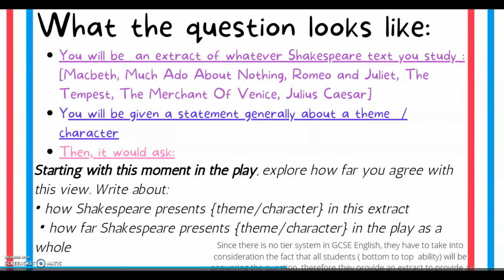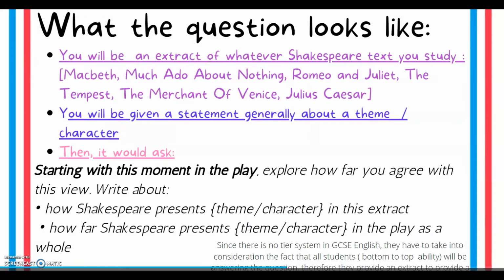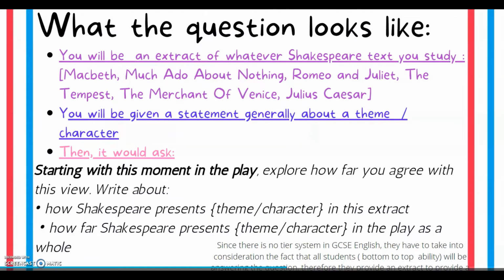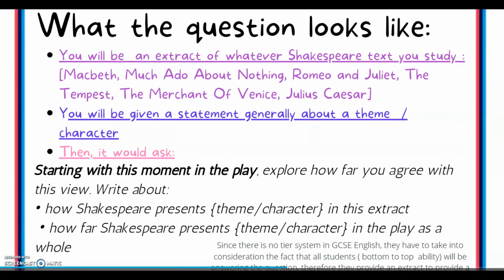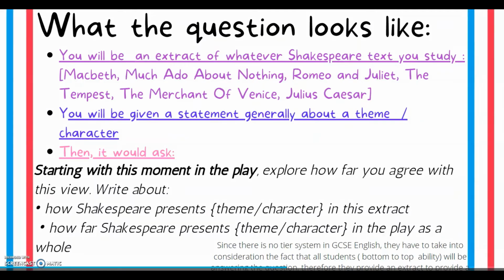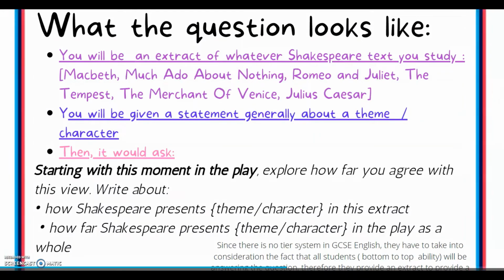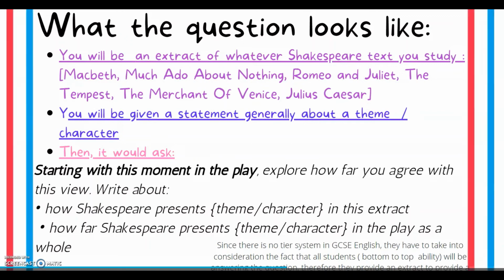Now, I just want to talk about the reason why they give you the extract. The reason is because they eradicated the tier system in GCSE English. So everyone, whether top set or bottom set, all take part in this. So it gives everyone a foundation to start with, because not necessarily all of the bottom ability people will be able to pull out quotes for that specific theme.